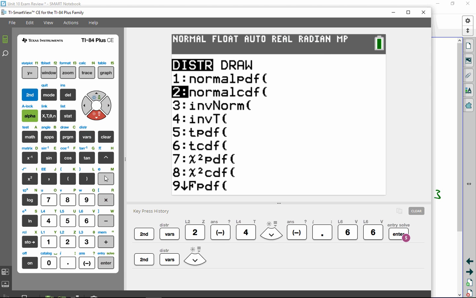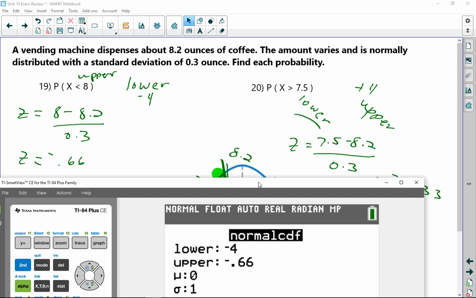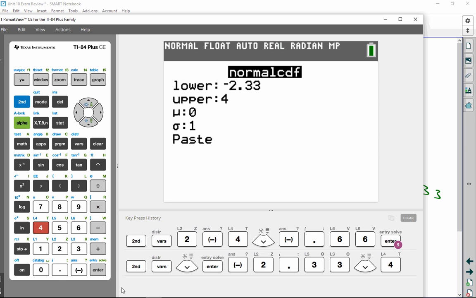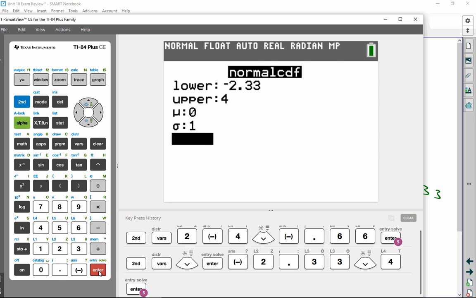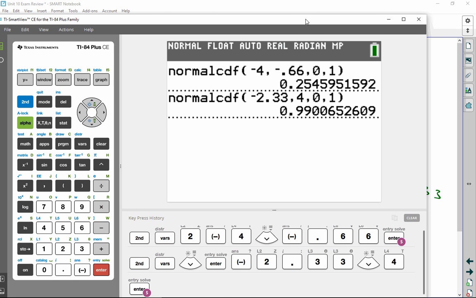That was for number 19. It was negative 2.33, and the upper was 4%. So it's 99%.